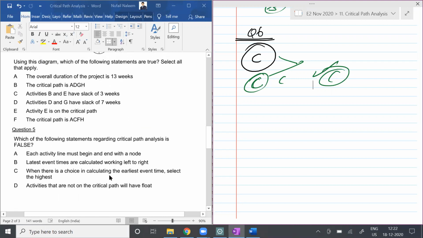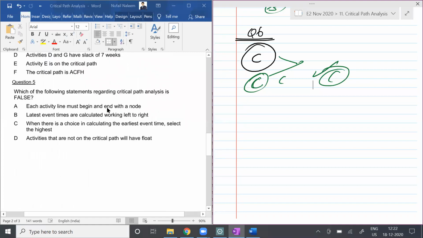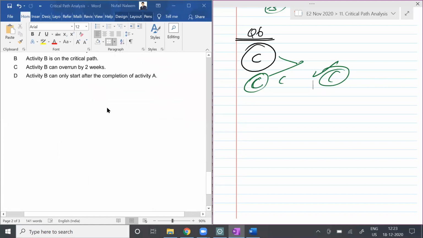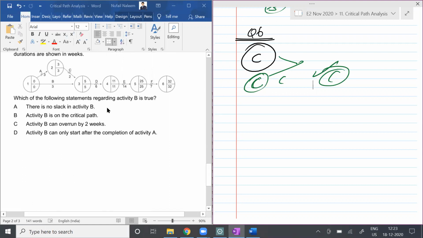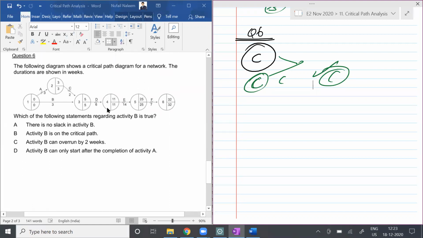Absolute numbers. And it should be on both activities, with the same slack numbers.